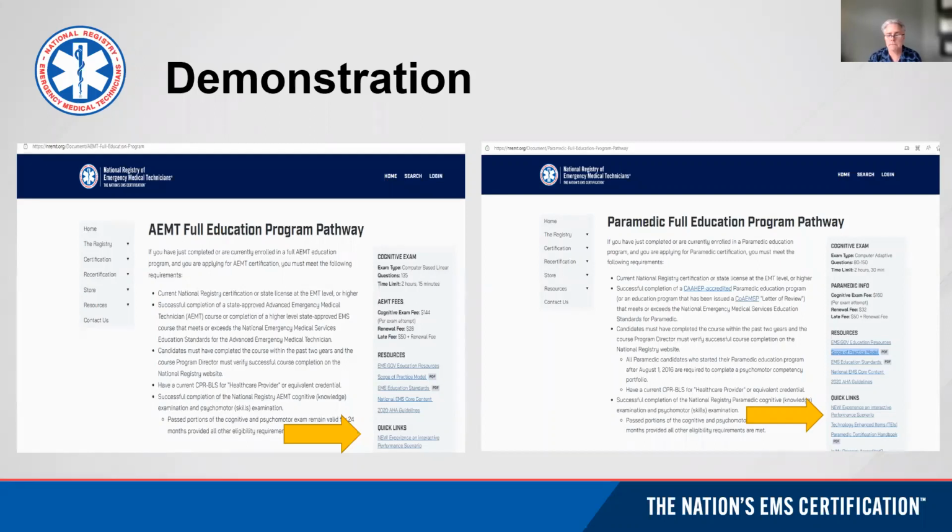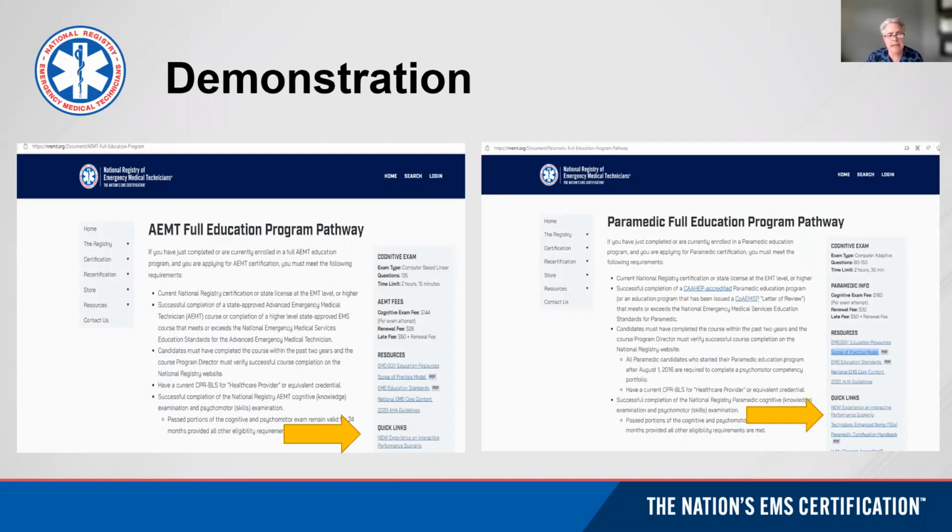Okay, your next question comes from Rick Foer regarding the scenario-based questions. I don't see how this exam takes the place of testing a student's psychomotor skills. What am I missing here? Okay, so this examination is the performance examination, and what it captures is this concept of clinical judgment, leadership, and communication.